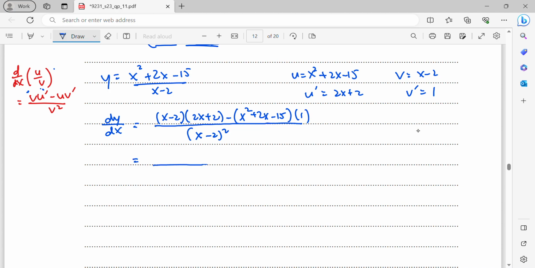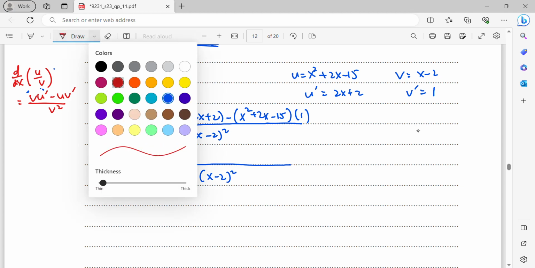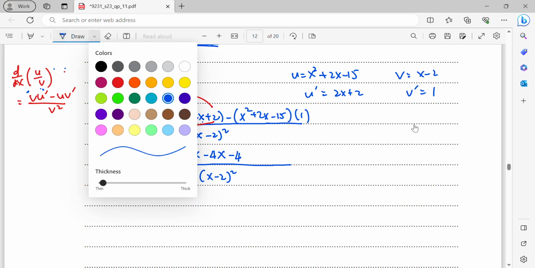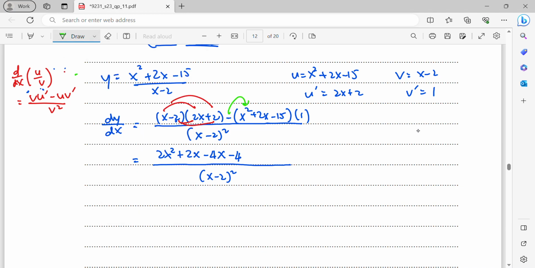So from here, I will expand the numerator. When you expand, x times 2x is 2x squared, x times 2 is plus 2x, minus 2 times 2x is minus 4x, minus 2 times positive 2 is negative 4. Then this minus will be brought into the whole bracket because you multiply with 1. So the first two terms will be negative, and the last term becomes positive.